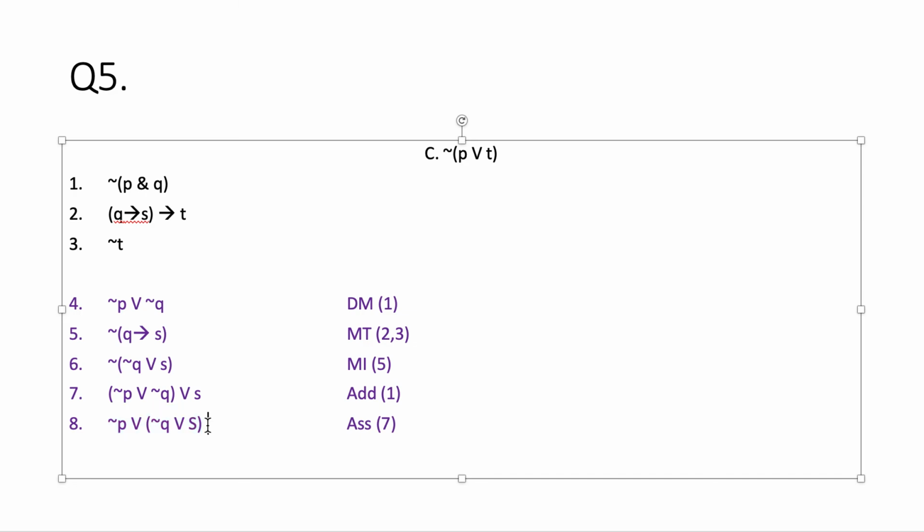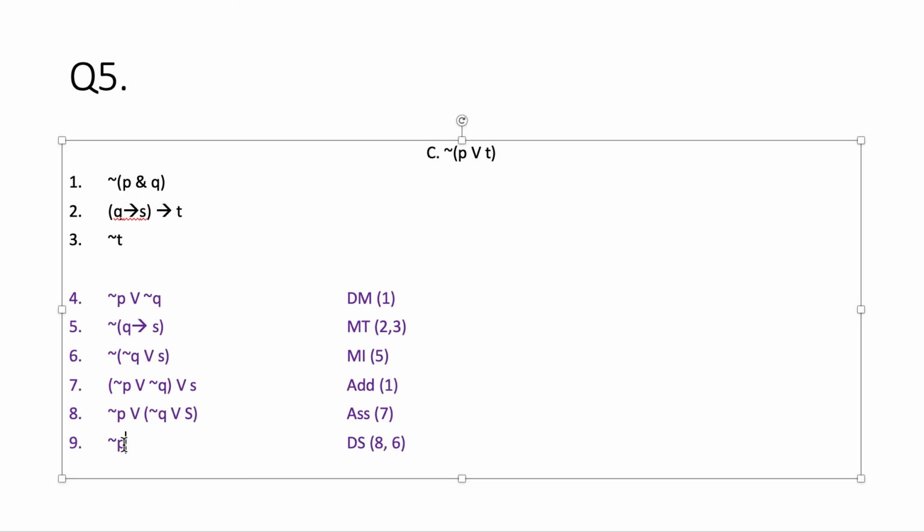Now, why did I do that? Because on line 6, I have a negation of this disjunction. Now I have this disjunction, so I can use the rule of disjunctive syllogism to get not P on its own.